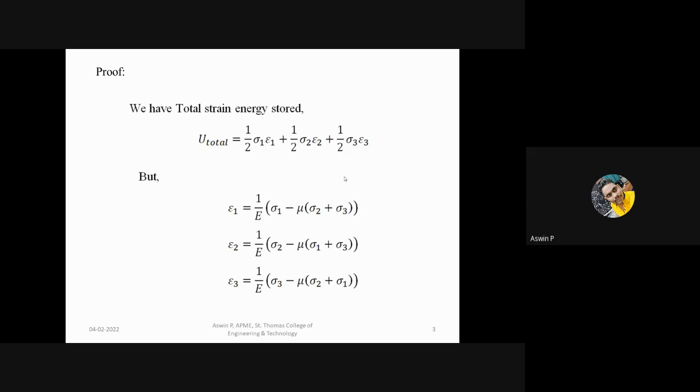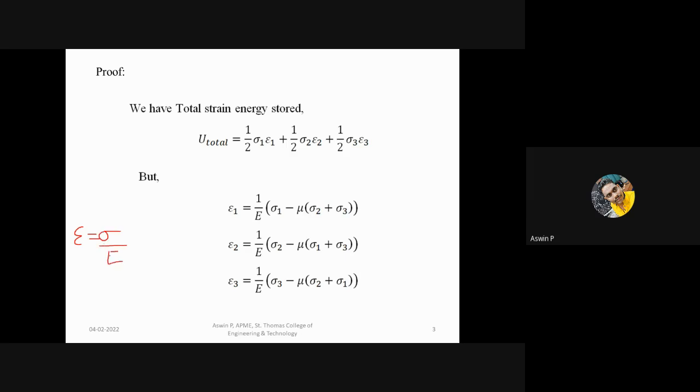From that itself you can understand that epsilon 1 equals 1 by E into sigma 1 minus mu into sigma 2 plus sigma 3. Or this can be expressed as, you know that strain is stress by Young's modulus, and whenever you are writing the equation, epsilon will be sigma by E.